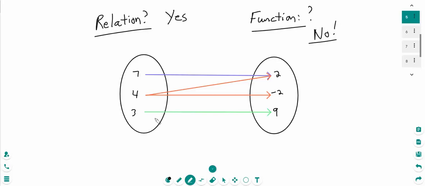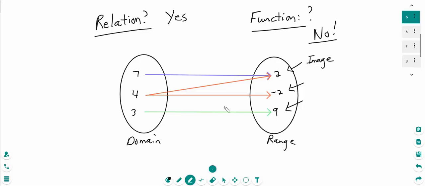For the same reason as the last one. The 7 works out, it has one image. The 4, however, has 2 images. And therefore, it is not a function. Again, this is the domain. This is the range. And of course, these are all the images. Okay? Put that here. Image. Okay, very good.